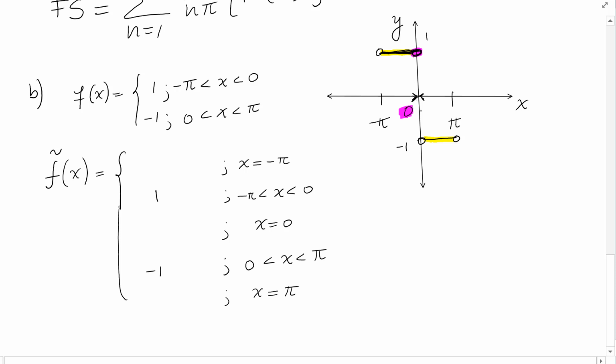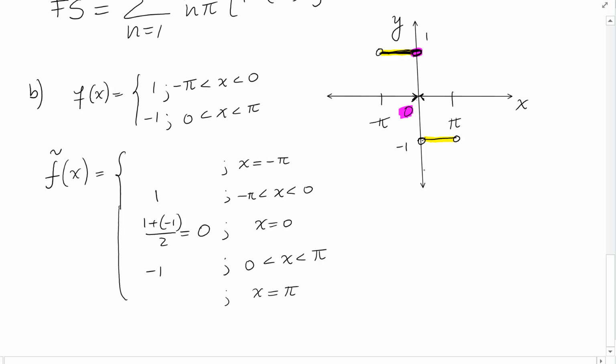As we approach 0 from the right, we get negative 1. When we have this kind of discontinuity, the Fourier series is going to converge to the average between the left limit and the right limit. So at 0 it is going to be 1 plus negative 1 over 2, which is actually 0. So for this point, we could find out from the graph.